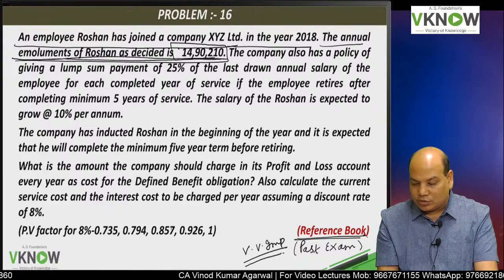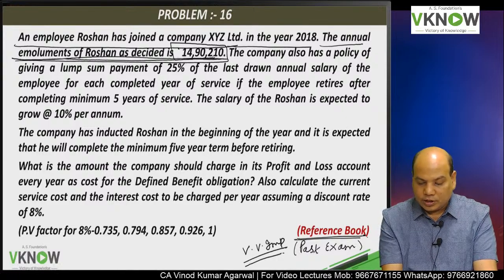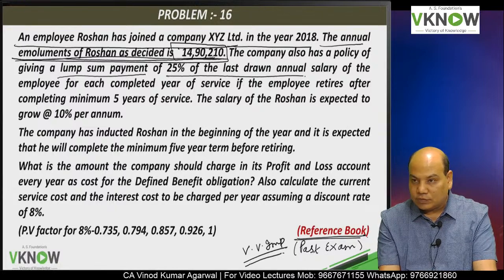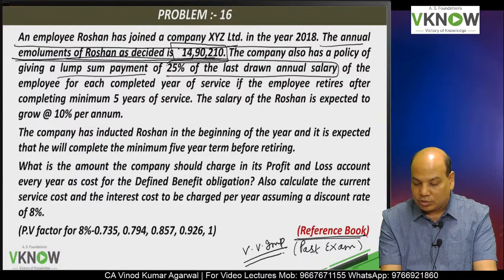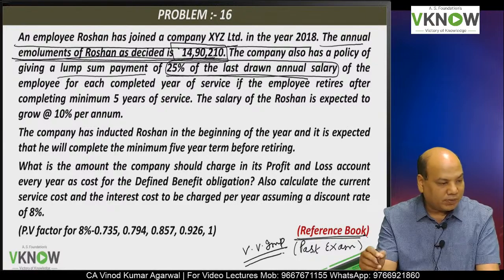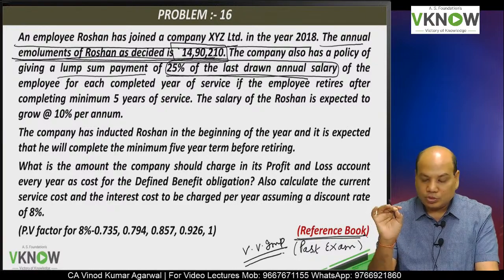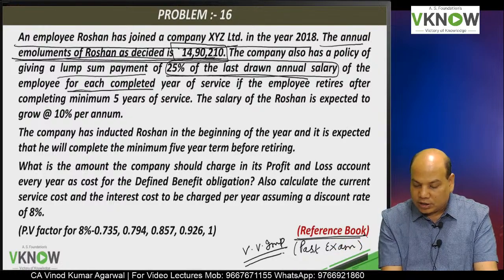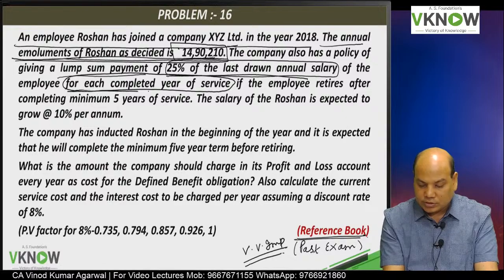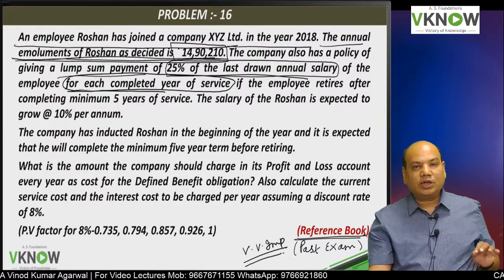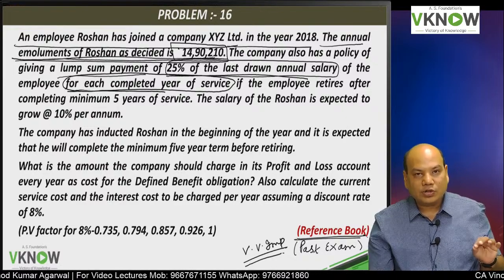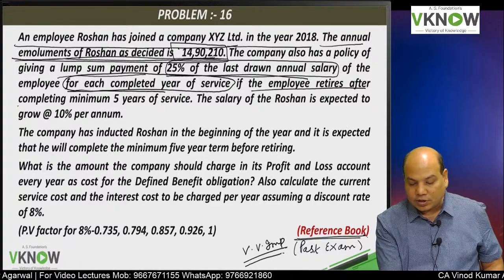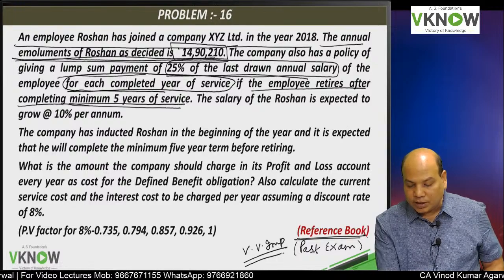The company has also a policy of giving a lump sum payment of 25% of last drawn annual salary, already discussed in the same previous problem. This time it is 25% of last drawn salary of the employee, underline again, for each completed year of service, if the employee retires after completing minimum 5 years of service.